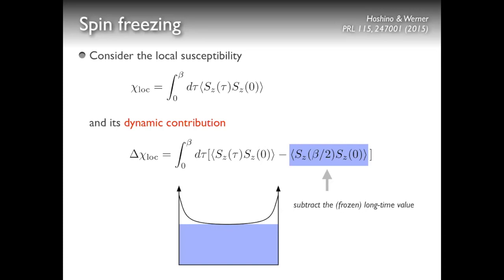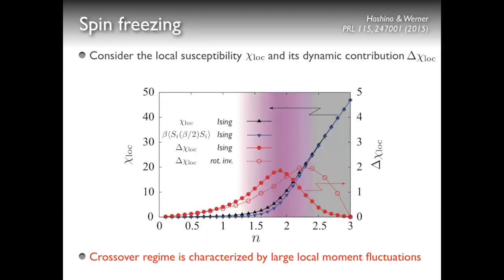That's the blue part in this sketch. And this difference then defines a dynamic contribution to the local spin susceptibility. And if we plot this dynamic contribution, that's the red line on this figure, we can see that it has a nice peak in the spin freezing crossover regime.